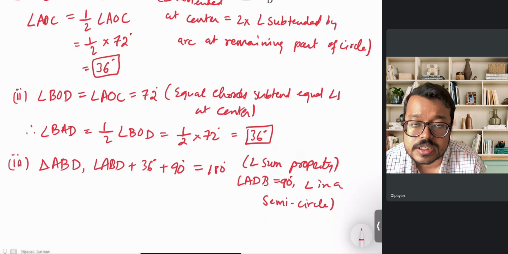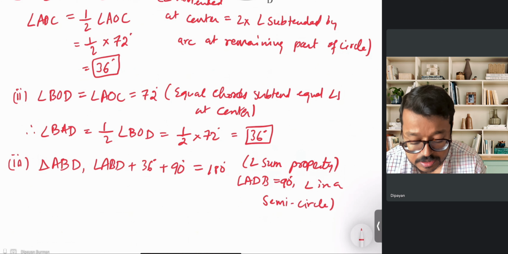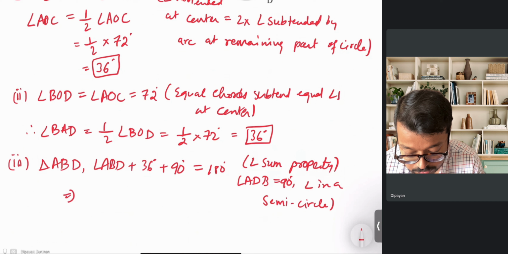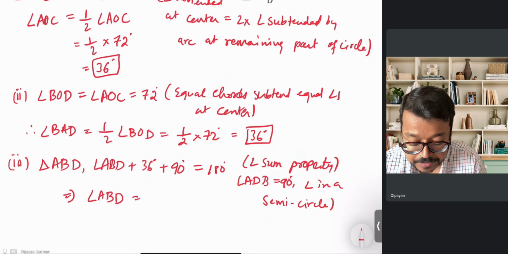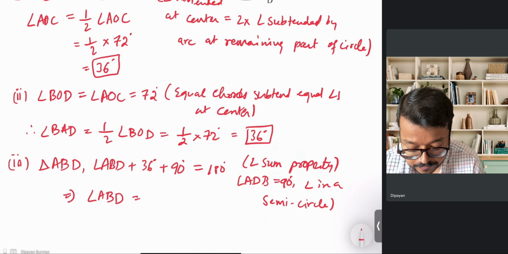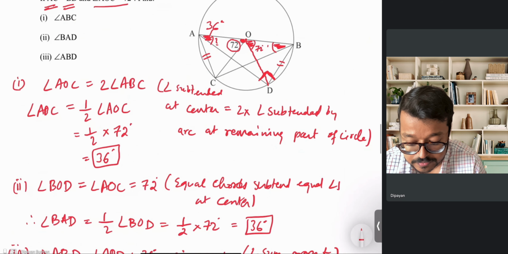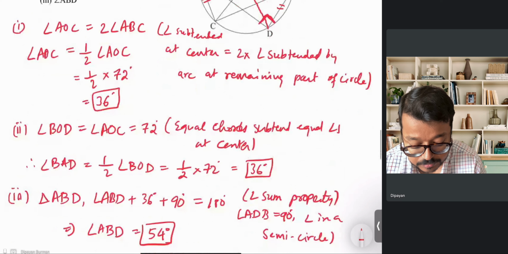So all these reasonings are important for us to write in the solution. Okay, then if I look at it, angle ABD, if I calculate, must be equal to 90 minus 36, which is 54 degree. So that is the answer for the last part.